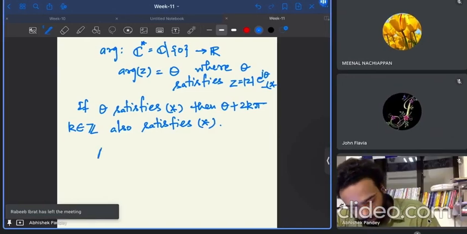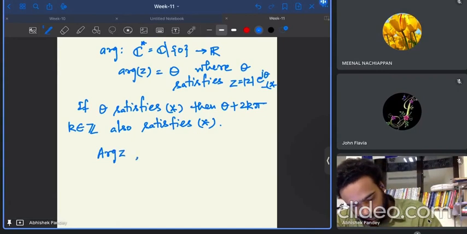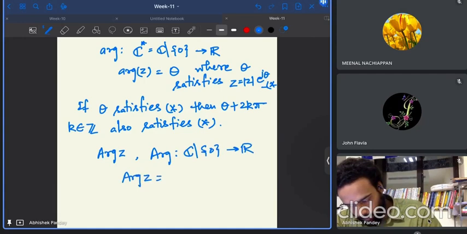So the principal branch is argument of z, where argument of z equals theta, where theta belongs to minus pi to pi.